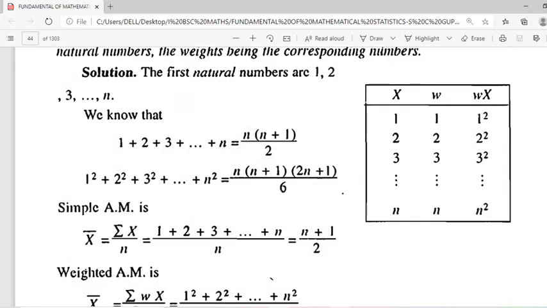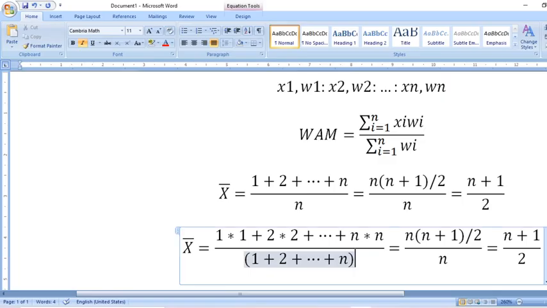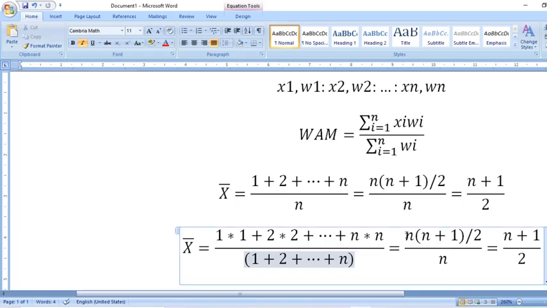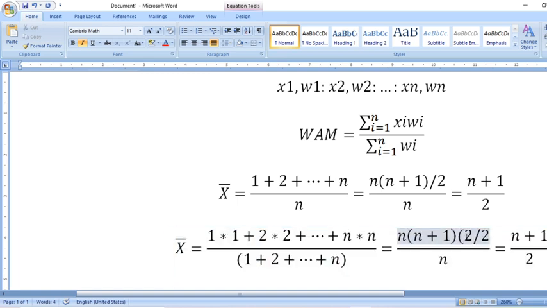Okay, so that is the formula. The numerator is nothing but 1 square plus 2 square plus etc. n square. So what is the value of 1 square plus 2 square plus n square? Yeah, it is given here. That is n into n plus 1 into 2n plus 1 by 6. So we can use that information.